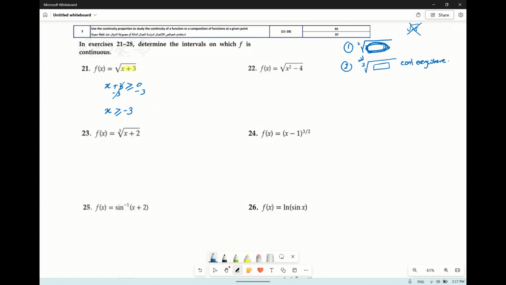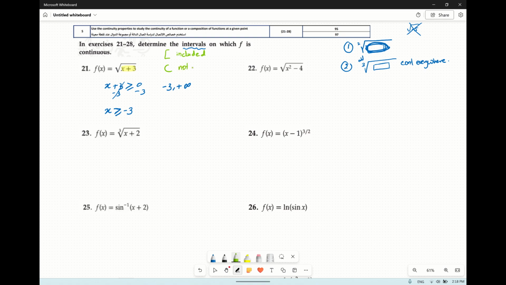So now if I want to write this as an interval, we go from minus 3 all the way to positive infinity. Why all the way to positive infinity? Because it is more than. Now, you need to know the following. Whenever we write an interval, we either use a bracket or a parenthesis. How can I know which one it is? Bracket means that the number is included in my answer.